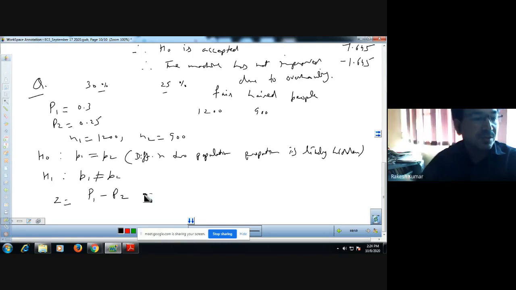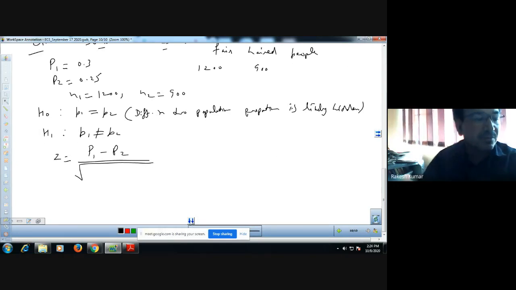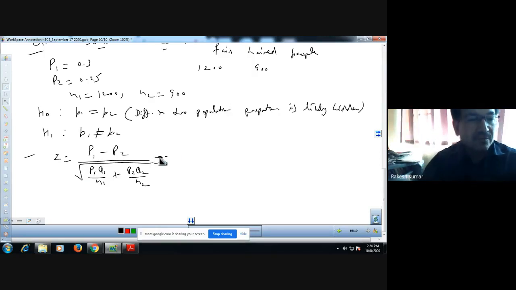But now the question is of probabilities, and the formula will be P1 minus P2 over the square root of capital P1 Q1 over N1 plus capital P2 Q2 over N2. This is the new formula. If the question is given like this, you will use the formula like this. So always be careful about the formula we use. We shall use the formula according to the statement of the question.